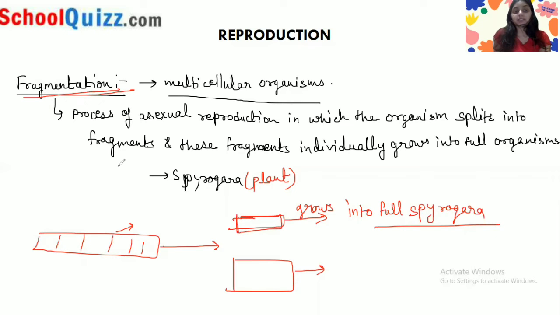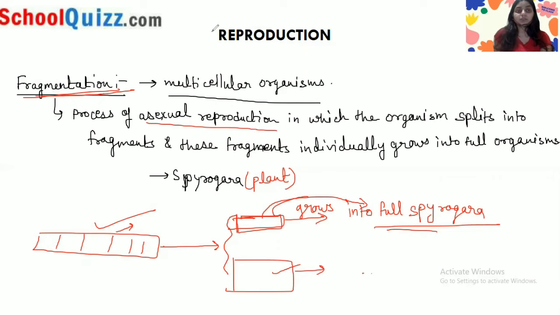So what is fragmentation? In fragmentation an organism splits into fragments, and these fragments individually grow into full organisms. This fragment grows into a full Spirogyra, and this fragment also grows into a full Spirogyra. So this is the fragmentation process in asexual reproduction.